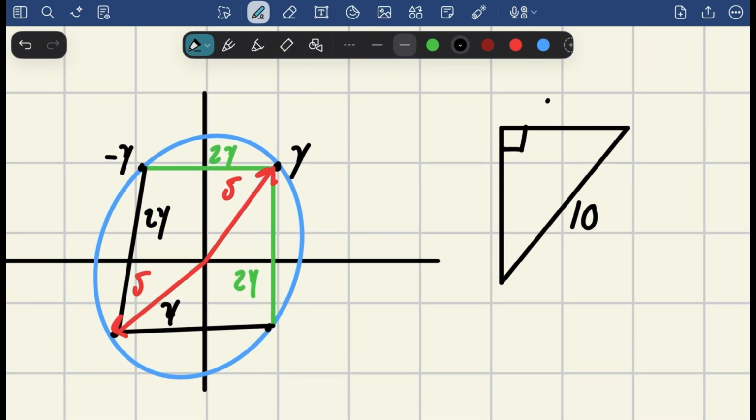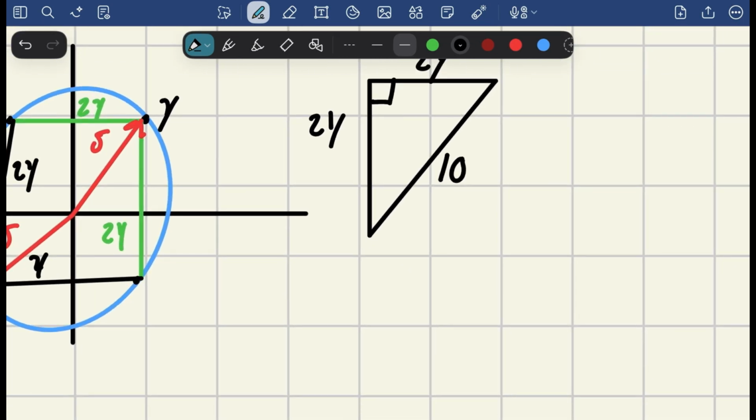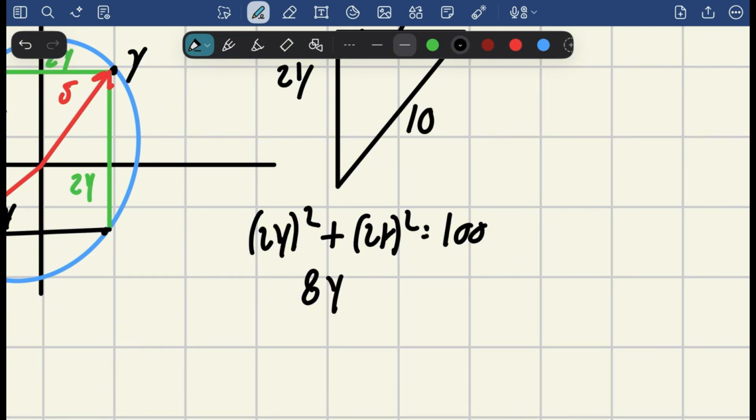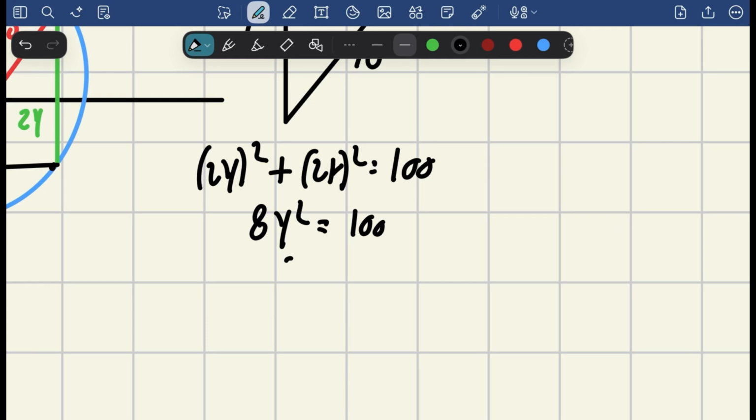So this side length here, 2 gamma, it's also 2 gamma. And from Pythagoras' theorem, we can see that 2 gamma squared plus 2 gamma squared is equal to 100. So 4 gamma squared plus 4 gamma squared, 8 gamma squared is equal to 100. And then 100 divided by 8 is 12.5. So gamma squared is equal to 12.5.